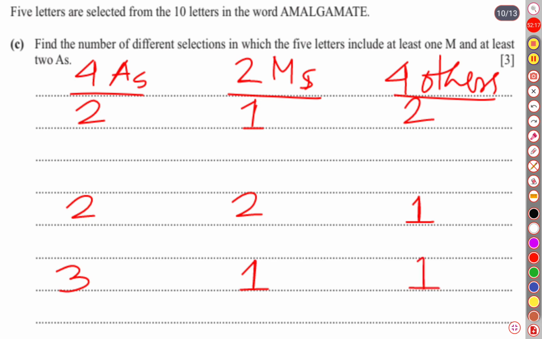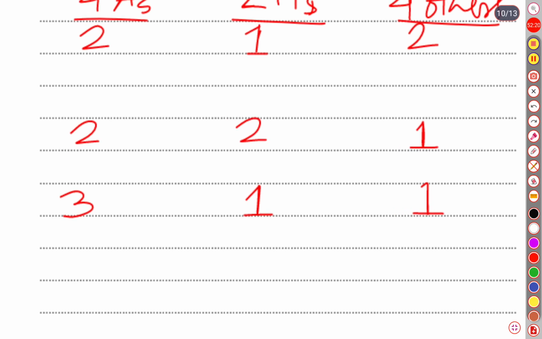After that, again 3 A's and 2 M's, so 3 plus 2 is 5, there is no letter to be chosen from the remaining ones. Then the fifth case, we can choose maximum 4 A's and minimum 1 M, and then there is no other letter to be chosen from the others.